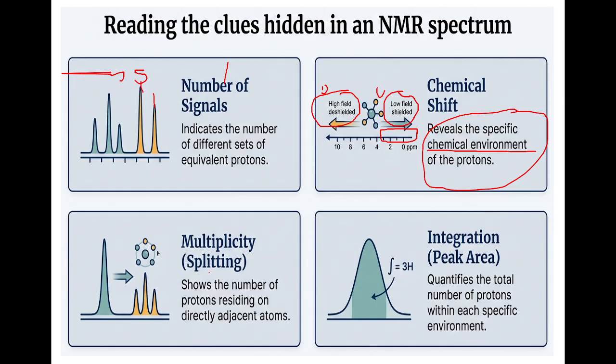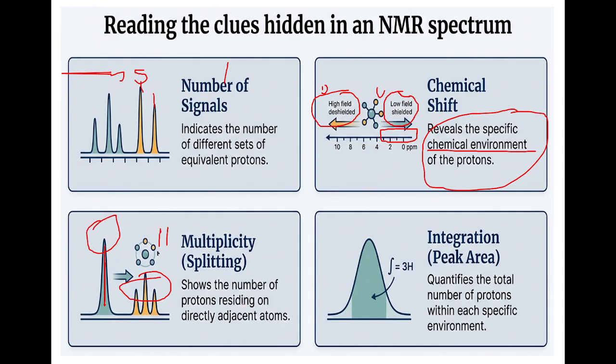So basically, chemical shift reveals the chemical environment of the proton. Multiplicity or splitting patterns will tell us about the neighbors. This is one signal, two signals. This signal is a singlet. It means there is no neighbor next to it. And this one is a triplet. That means there are two hydrogen neighbors next to it.